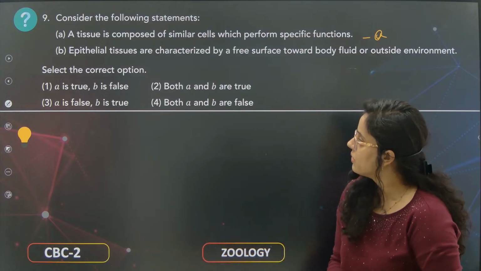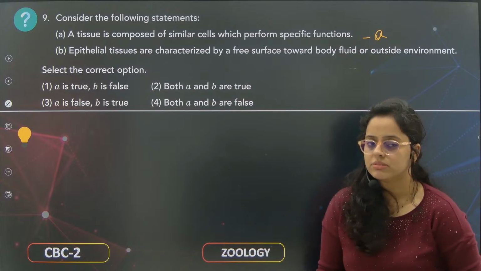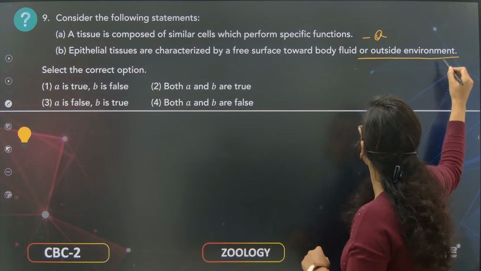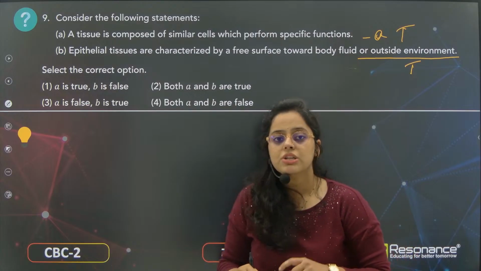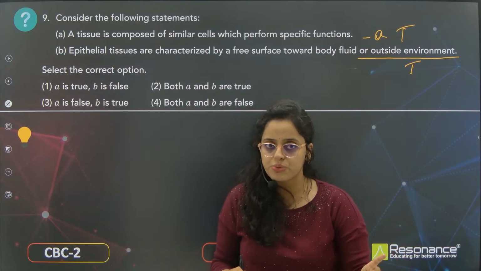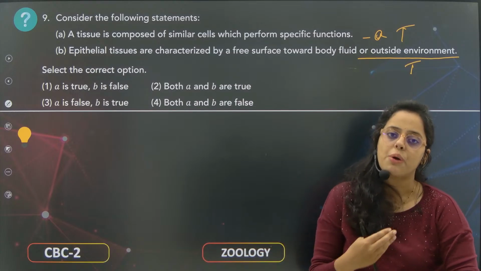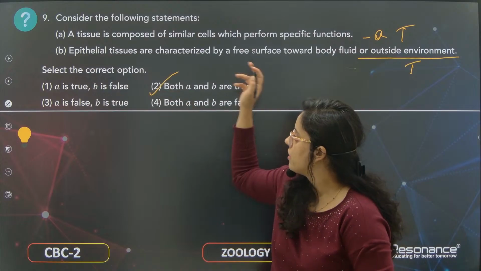Now statement A is true. Now let us see B. Epithelial tissue is characterized by a free surface towards body fluids. Yes, this is also a true statement. So both A and B are true, because epithelial tissue is generally present on the surface, either outside or inside.